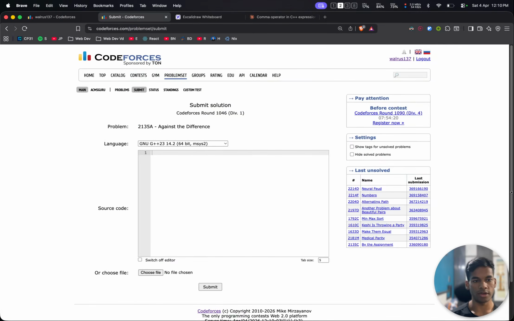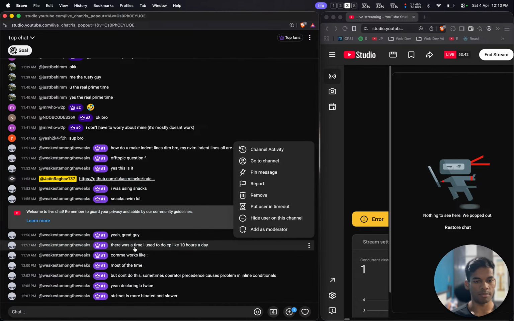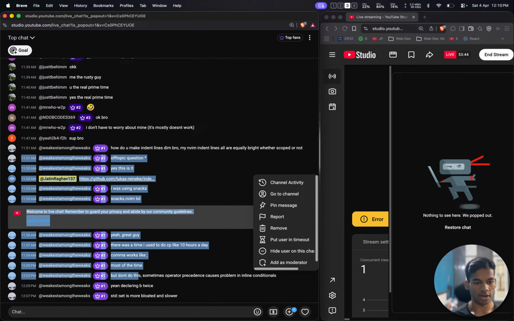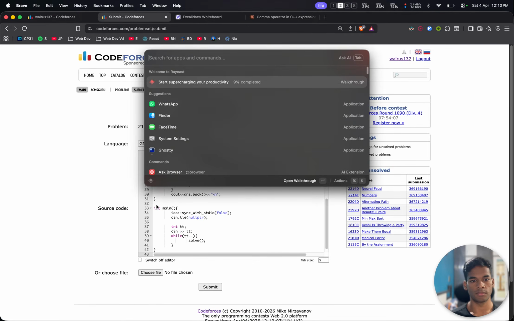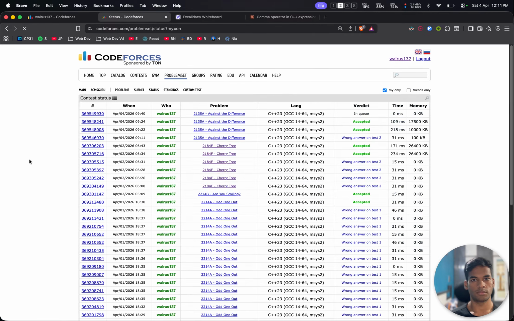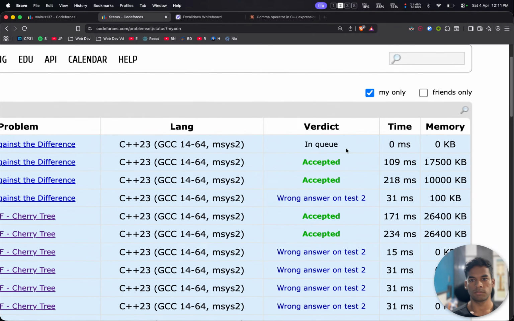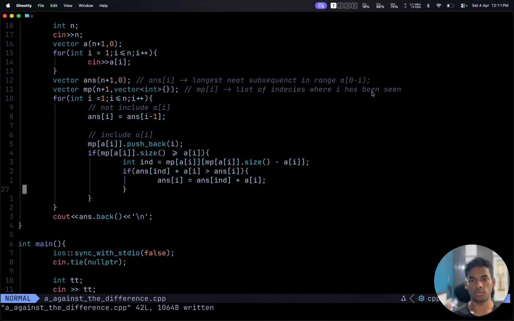Removing an element from a vector was like a very bad thing to do, so that's why I used set, but we don't have to remove it. So yeah, we don't have to remove anything.